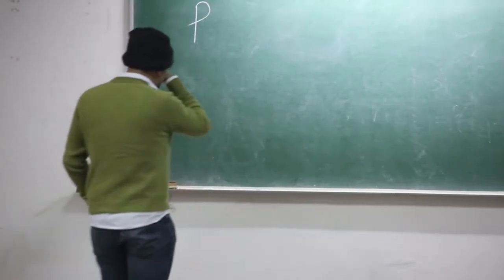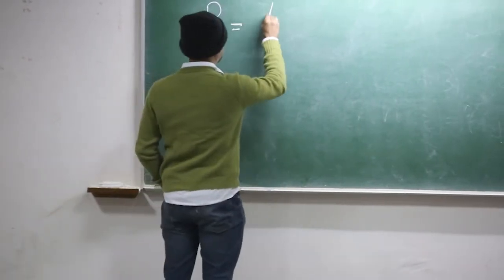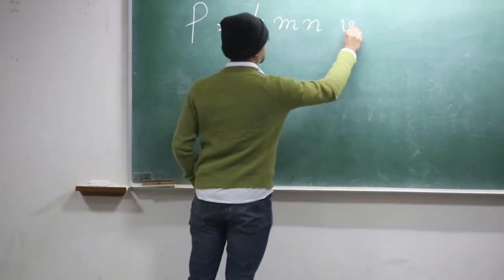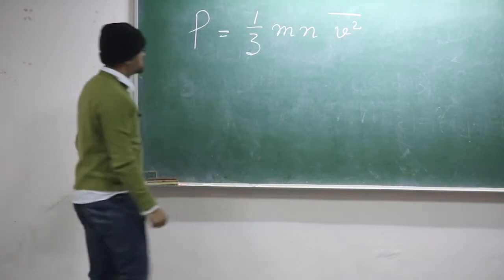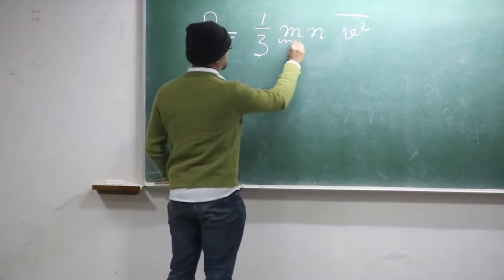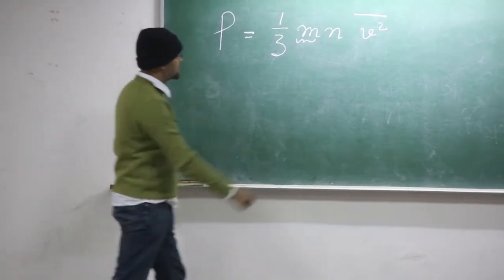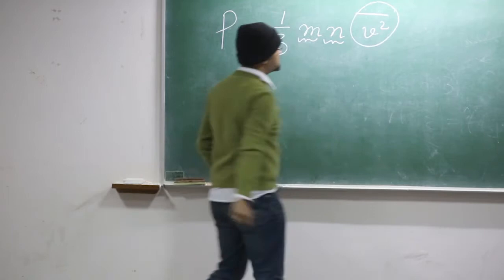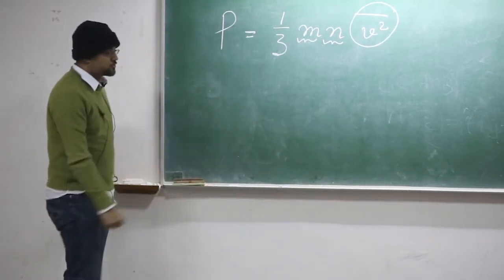So with all those idealizations, we saw that this quantity is given by this expression, where you have the mass of the molecules over here and then the number density and this crucial quantity, which is the average of the squares of the velocities.